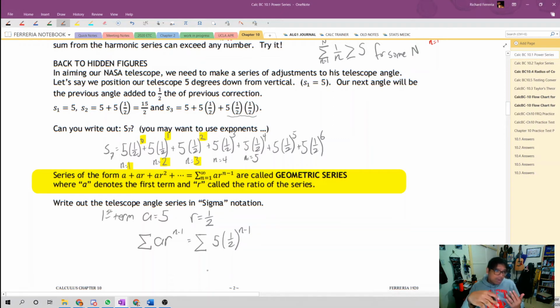So that's how we write this geometric series. Geometric series is kind of related to the geometric sequence because you can see how each of these terms of the series actually forms a geometric sequence. So the sum of a geometric sequence is called a geometric series.